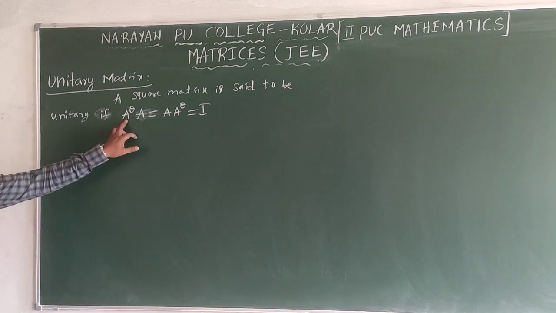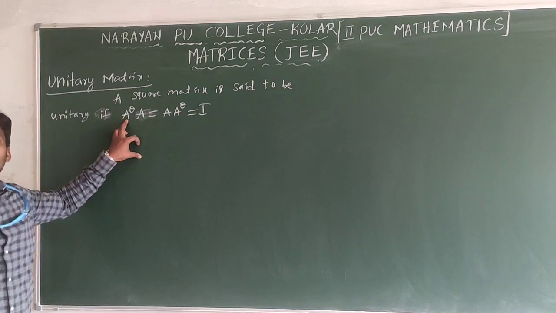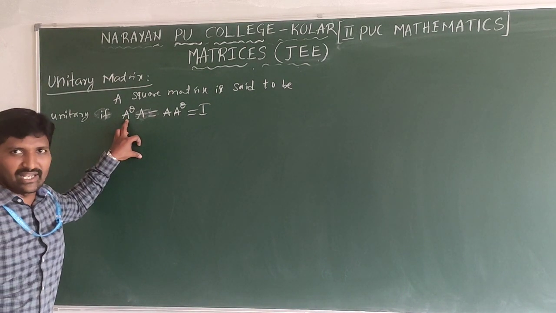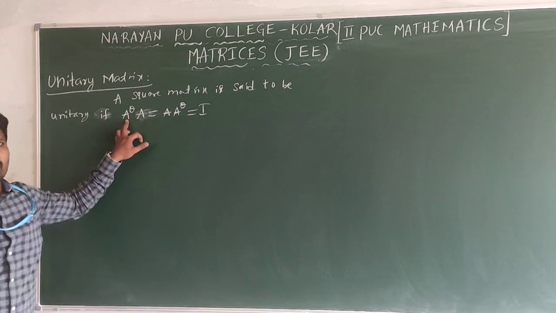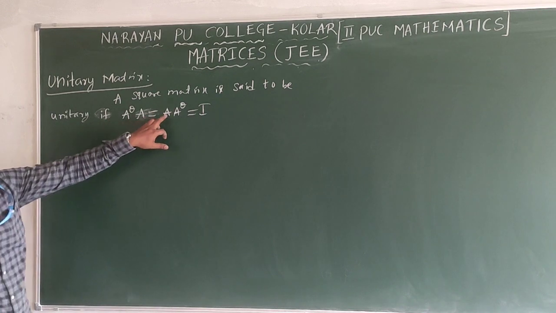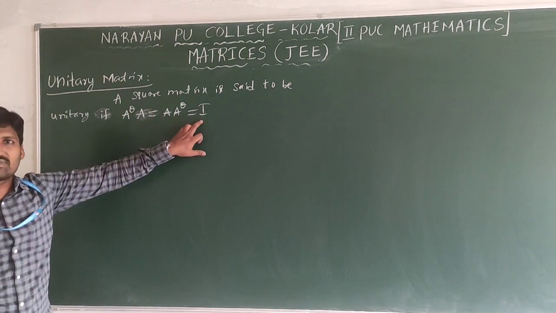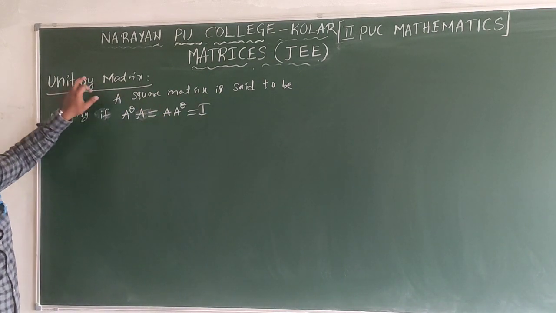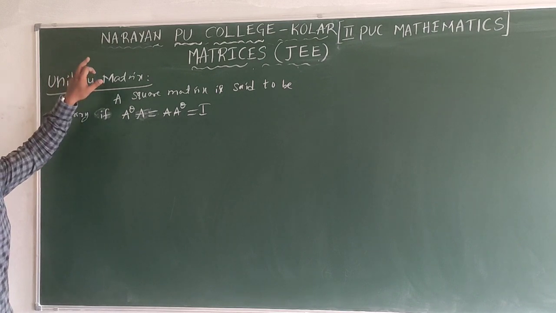Already I said A power theta means the transpose of the conjugate matrix, A bar whole dash. Now if A power theta into A, or A into A power theta, gives the identity matrix, that matrix is called a unitary matrix.